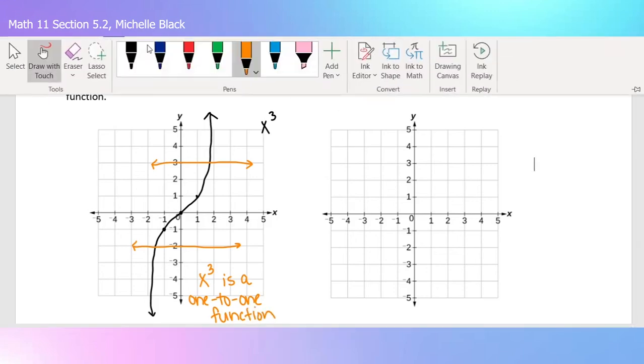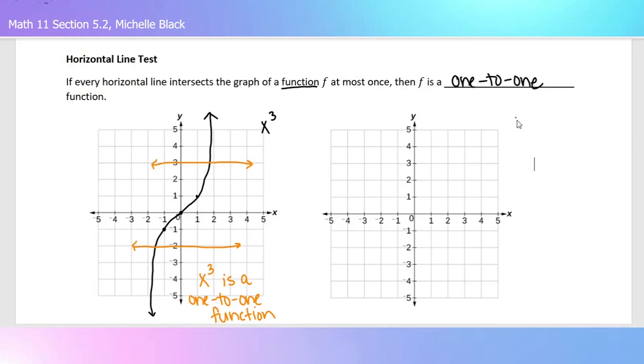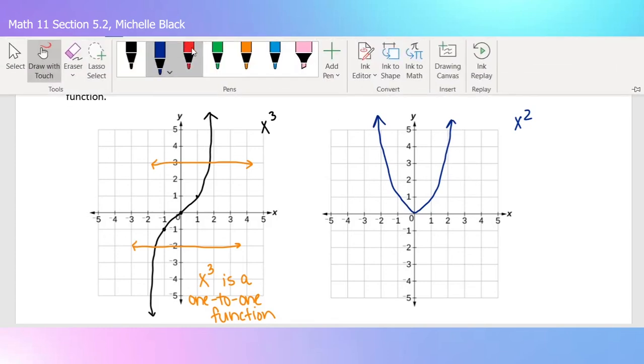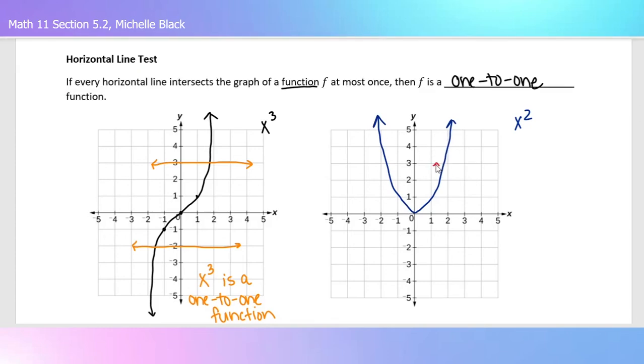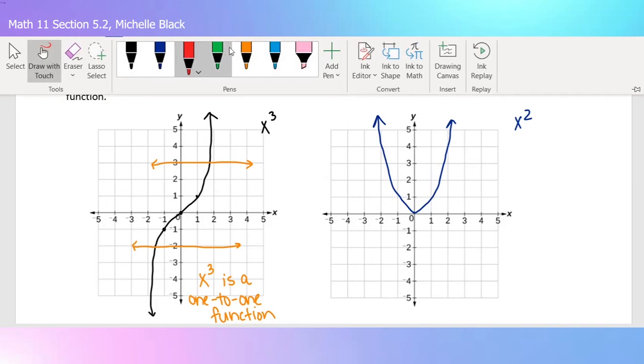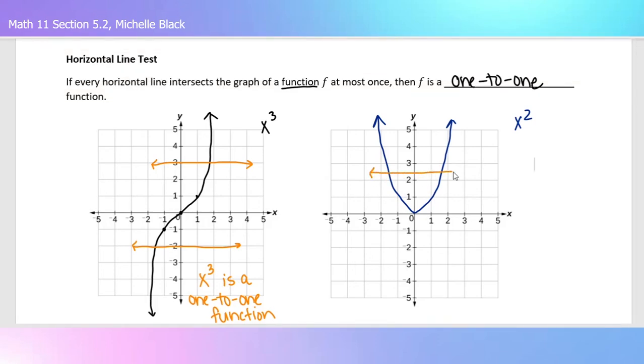Let's look at another function that we're pretty familiar with, the parabola, so x squared. So we know that looks like this. Again, if we are to do the vertical line test, this passes. There's never a point where we're going to cross more than once. So we know that this is a function. But when I do the horizontal line test, hopefully you can see right away that this will fail, right?